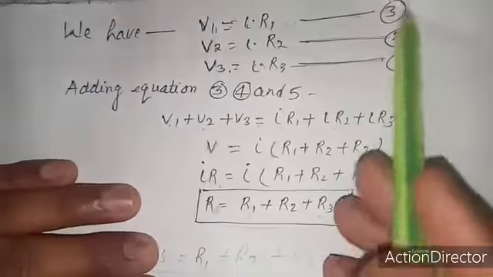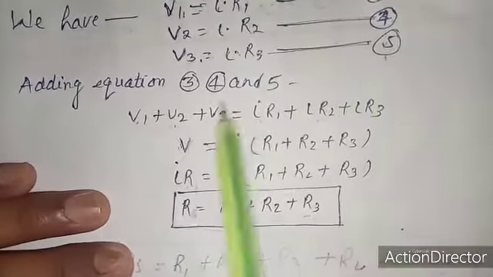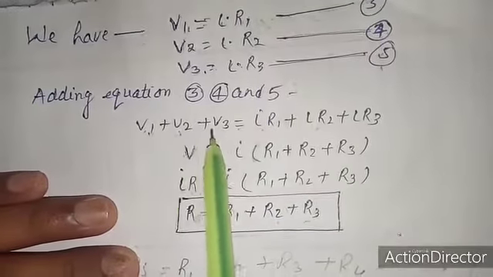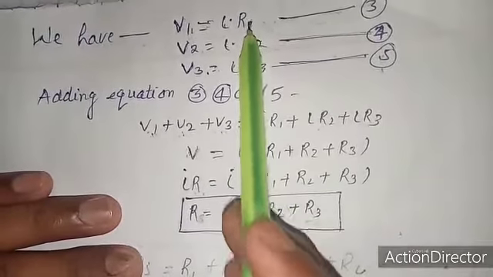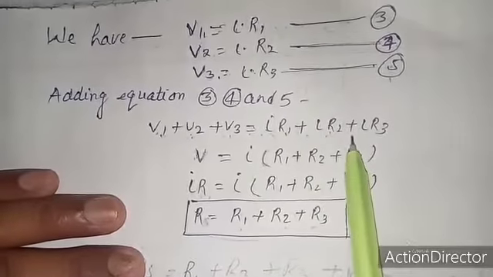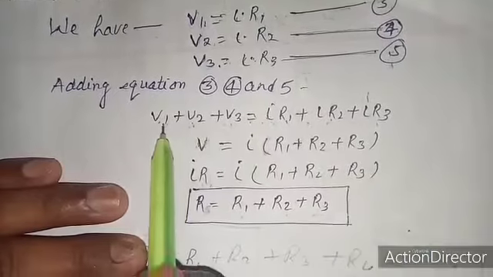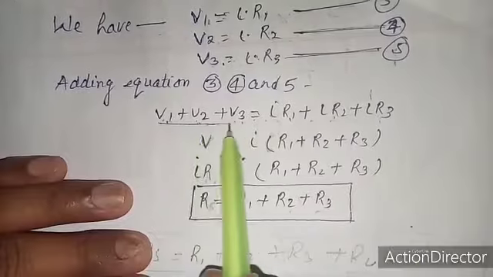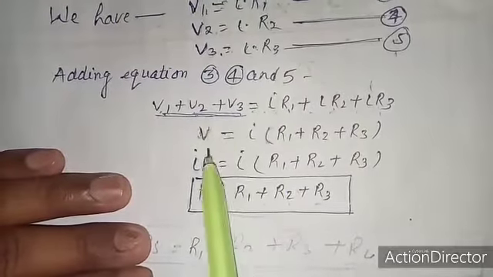Now adding all these equations 3, 4 and 5, we get V1 plus V2 plus V3 is equal to IR1 plus IR2 plus IR3. V1 plus V2 plus V3 is the total voltage, total potential difference of the circuit.